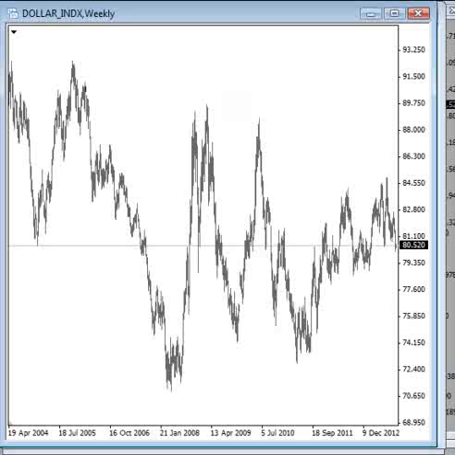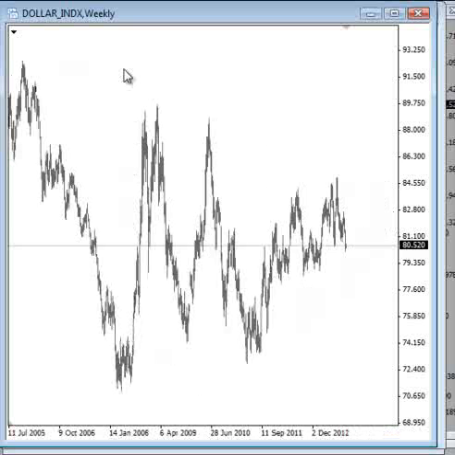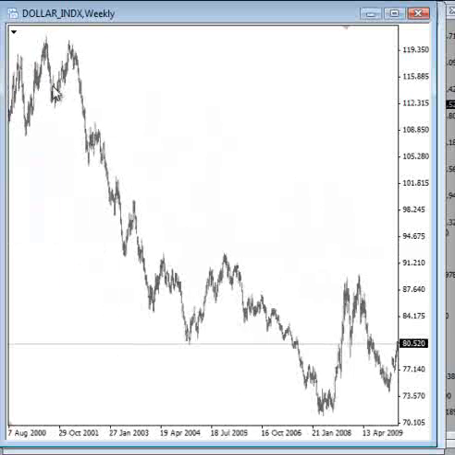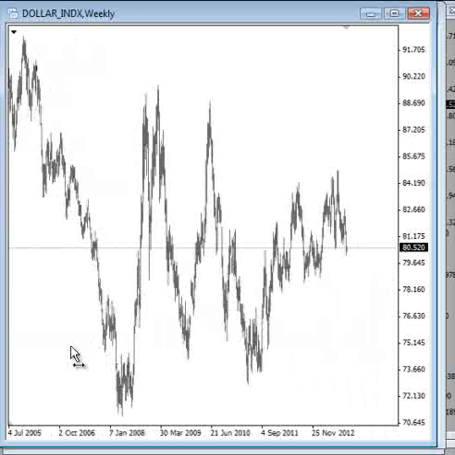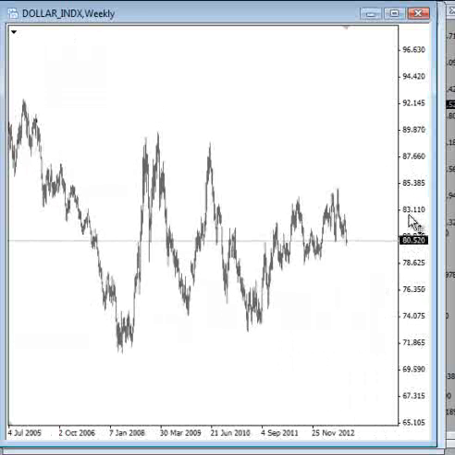From my perspective, I think that this move is still only a counter-trend movement within a larger downtrend. I could label this as wave 1, wave 2, wave 3, wave 4, wave 5, and we know that after every 5 waves a correction follows, so I can label this as wave A. This was a wave B, and we expect a third leg higher.